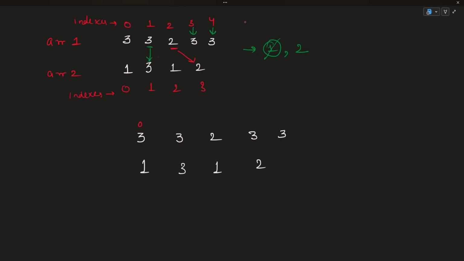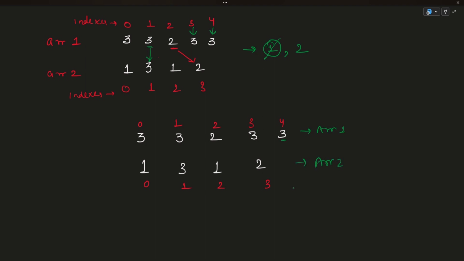Let me write the indexes 0 1 2 3 4 and 0 1, and write it below so we can connect lines. Our first intuition from understanding the problem statement is that we need to find the particular index of array 1 in array 2.